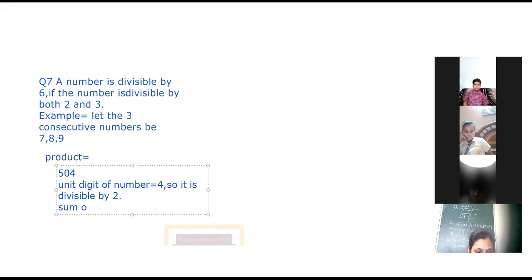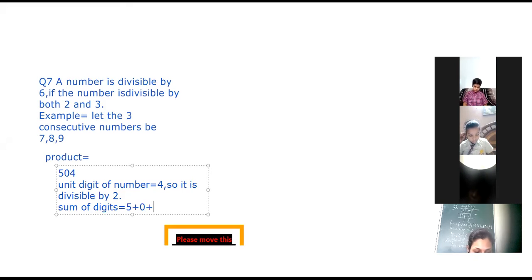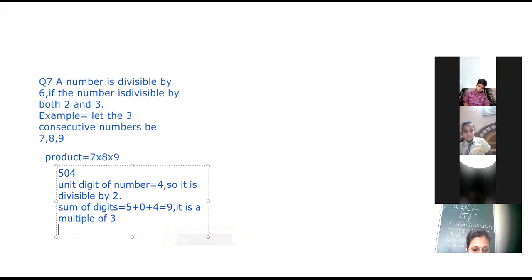We have to add up all these digits: 5 plus 0 plus 4. How much will we get? 9, which is a multiple of 3. So we can say that 504 is divisible by 3.